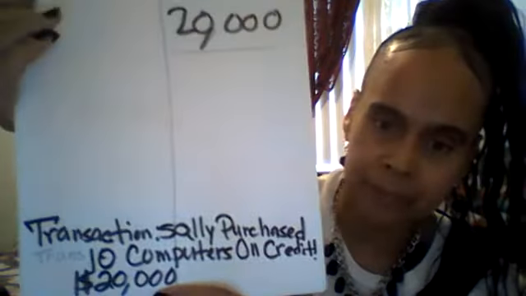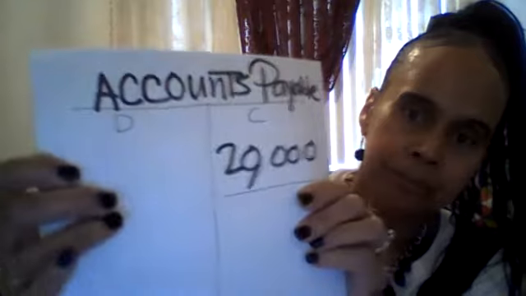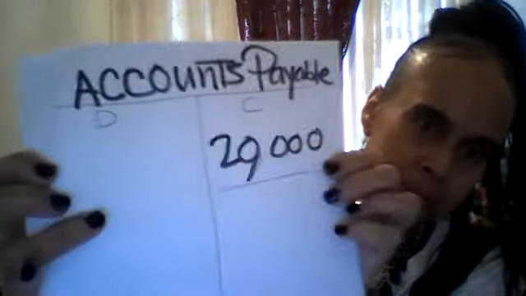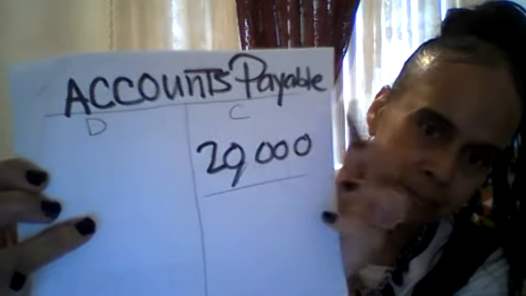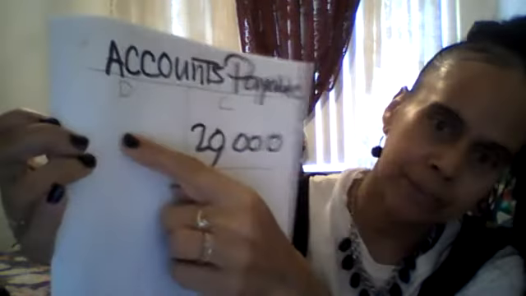It says Sally purchased 10 computers on credit, 20,000. So since she purchased it on credit, we want to credit accounts payable 20,000. So it's a credit to accounts payable 20,000. So see, we got debits on the left, credits on the right. Credit accounts payable 20,000.